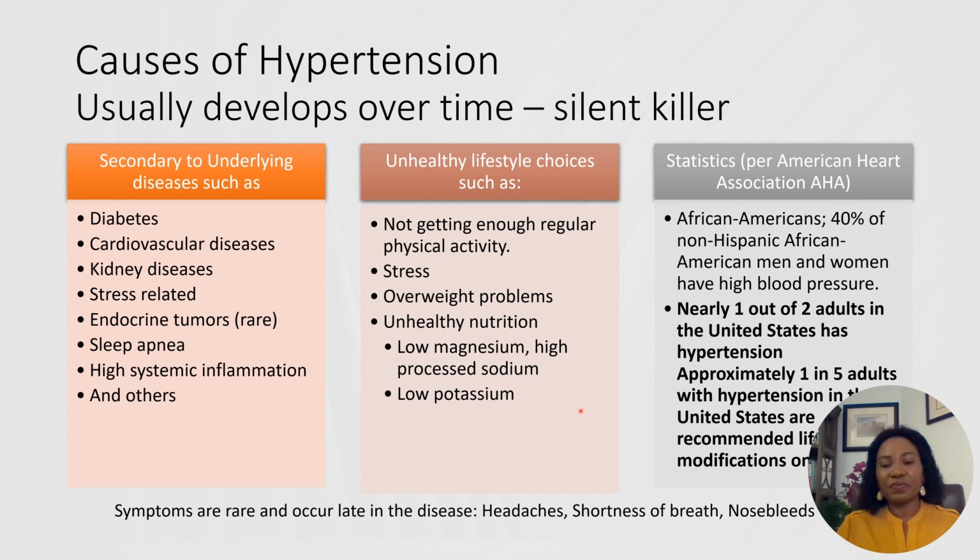Unhealthy nutrition, this is similar in some ways to physical activity, because healthy nutrition such as green leafy vegetables, have them always in your diet, guys, because green leafy vegetables have a high content of magnesium.